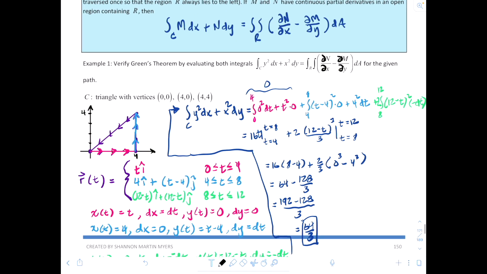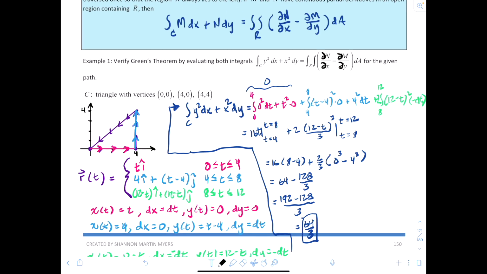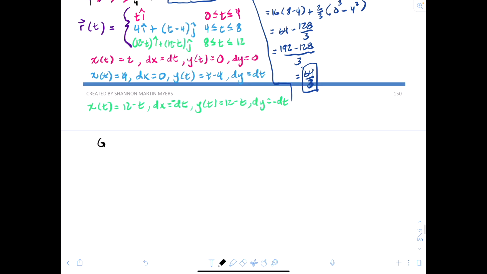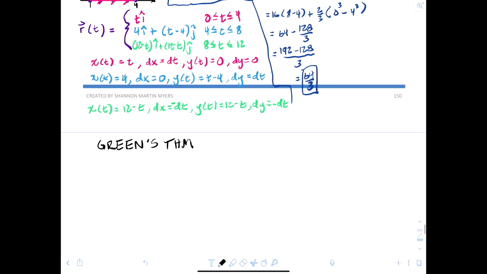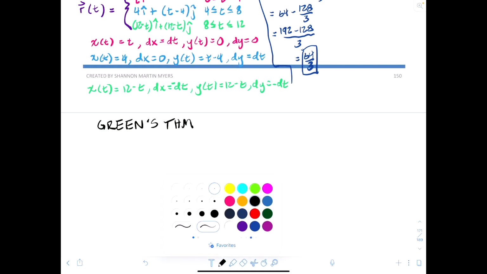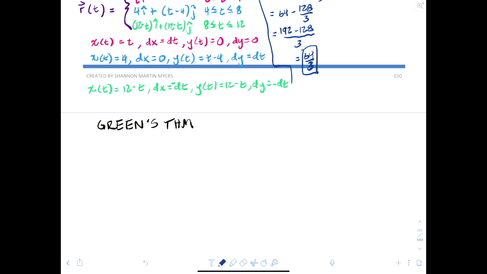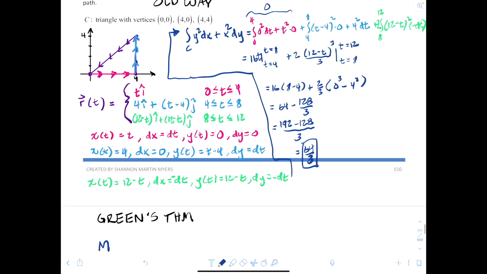So this was the old way. Now, using Green's theorem, remember, let's identify what we have.